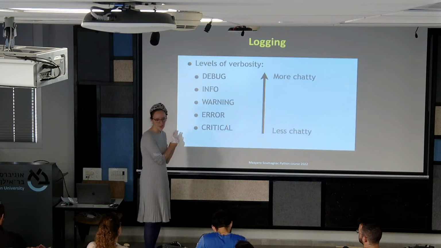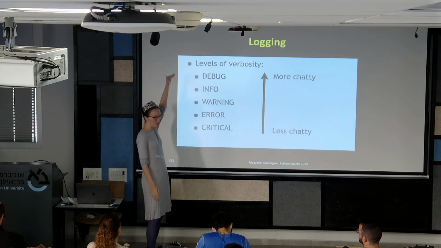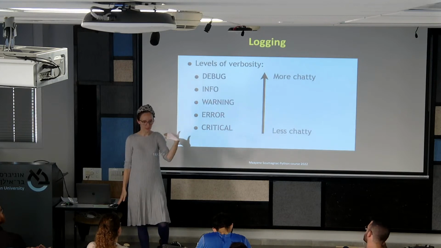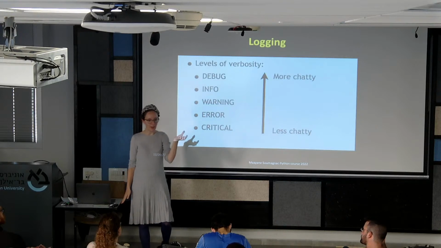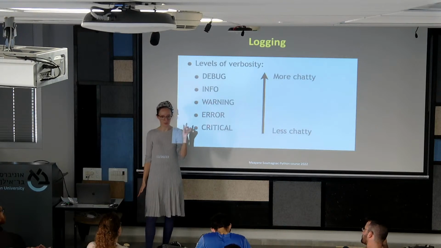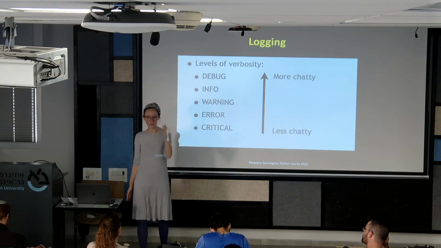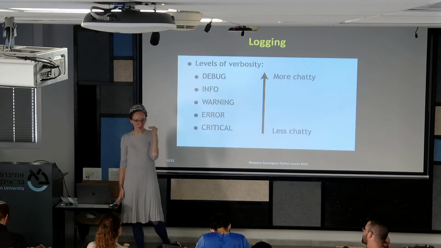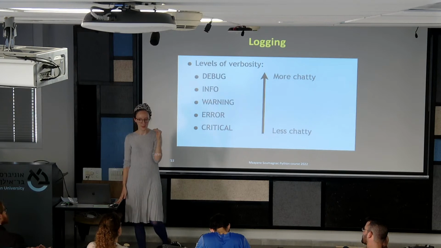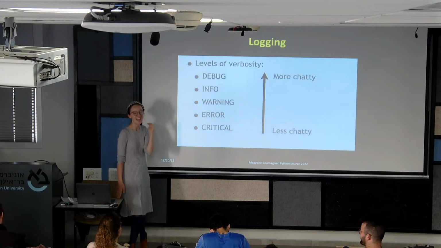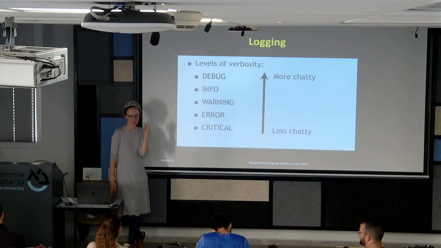What logging allows you to do is that it has 5 different levels of how chatty it is. So instead of having a binary option of either it talks with you or not, you have 5 levels of resolution of how chatty you want it to be.